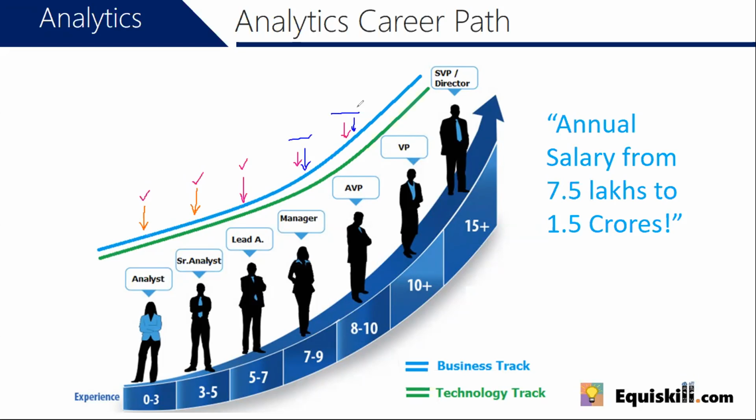At the AVP or VP levels, you might head up analytics for a particular product across the world. And typically then you have the SVPs or the directors who are heading up the entire analytics division for a company. This could even be a CDO position, which is a chief data officer, or a chief information officer, which is known as a CXO position, right? Someone reporting to the CEO of the company. You could go all the way up to there, or in fact get to head the company as well.